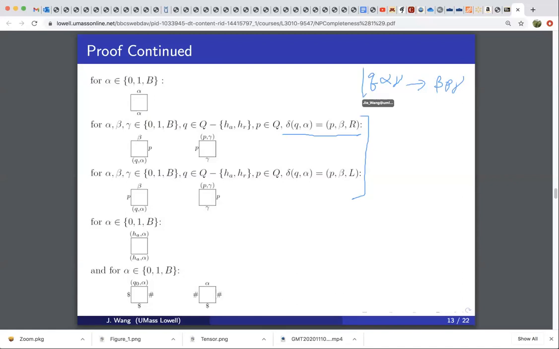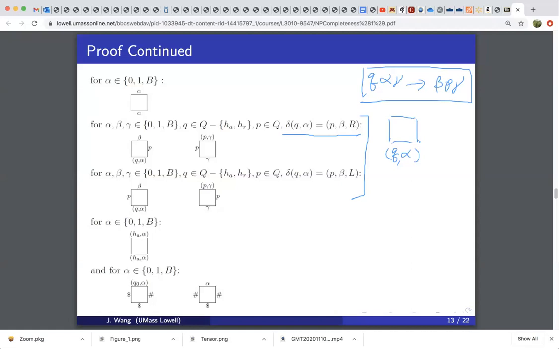So now how do I use tiles to represent this transition? We can start from Q alpha. Now think about my computation. The Turing machine computation is just on a portion of the tape, and then you change the content of the tape and the location of the head.